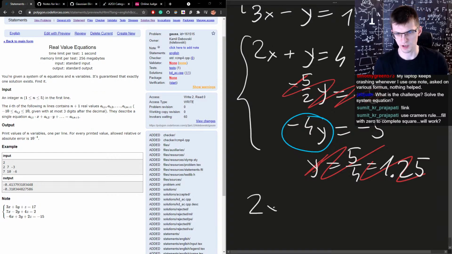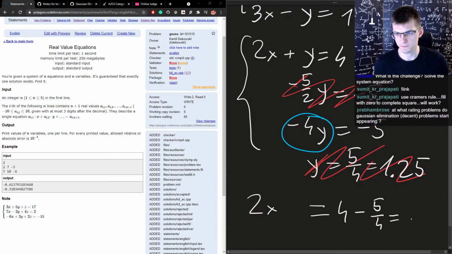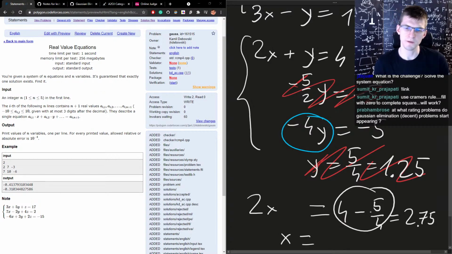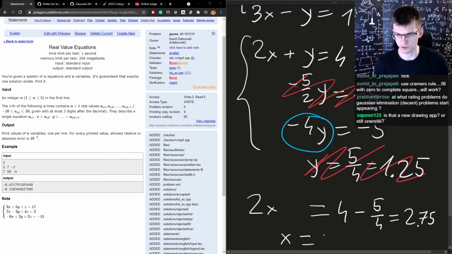Yeah, so it is 2x plus 0 is equal 4 minus 5/4. This is 2.75. So x is, from this we can compute, that was 16 minus 5, 11/4, 11/8 now, which is also equal to 1.375, I think. And yeah, y we had here. So the solution is this erased line and this erased line.